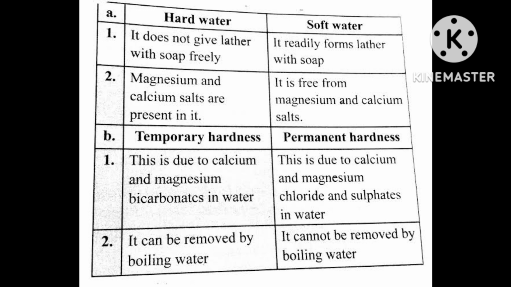Now I am going to discuss peroxide, which is very important. Hydrogen peroxide is called H2O2. Hydrogen peroxide is an important chemical used in pollution control, treatment of domestic and industrial effluents.